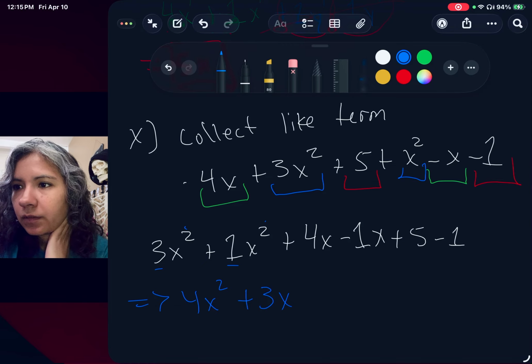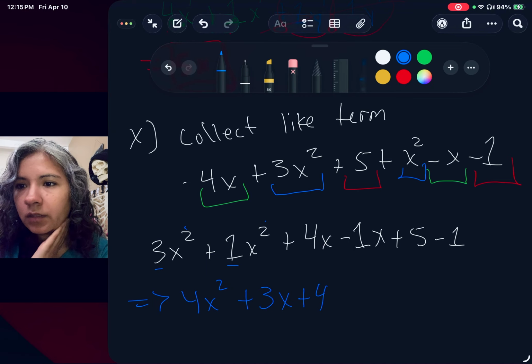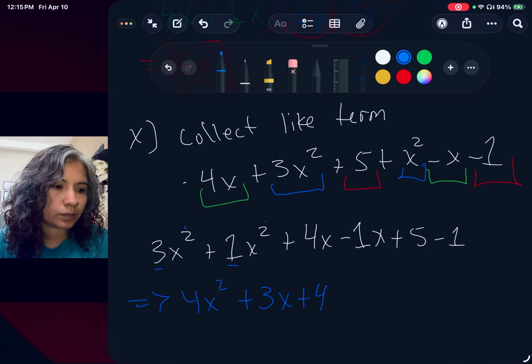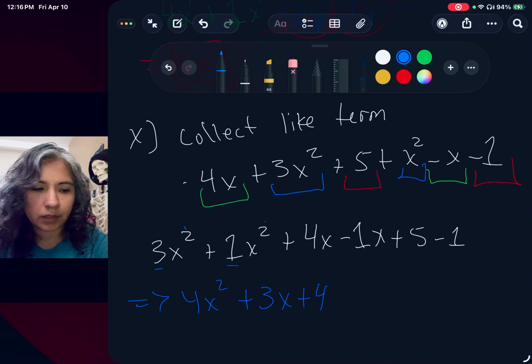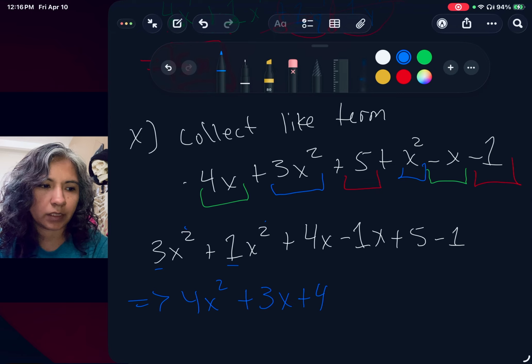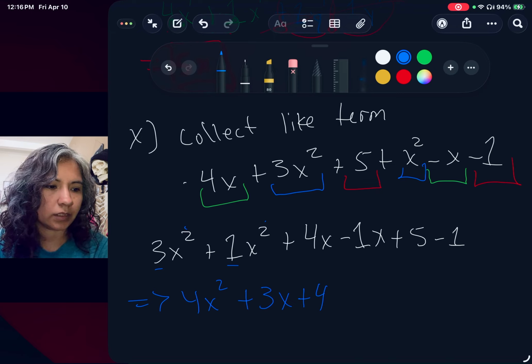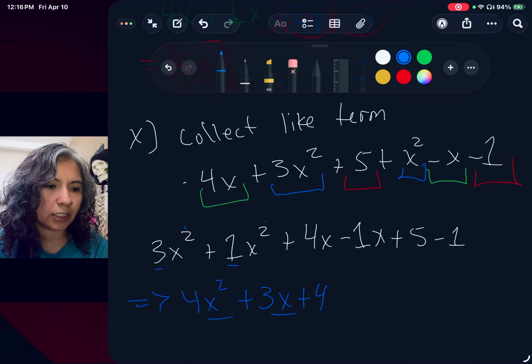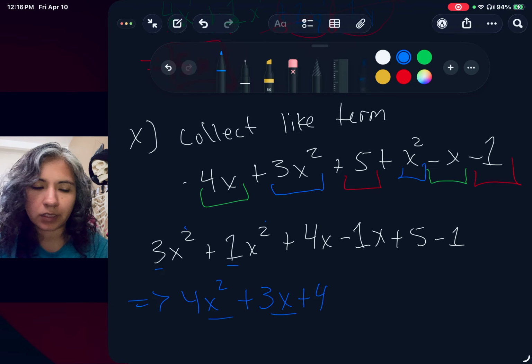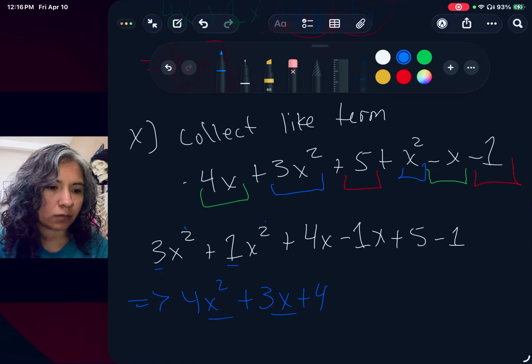So 5 minus 1 is plus 4. So this is going to give us everything collected. x squared and x can't be combined by addition because they're not like terms, right?